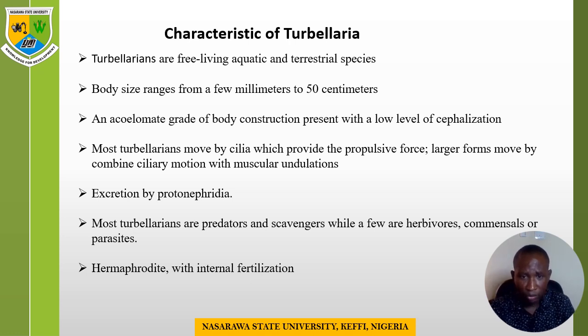Most turbellaria move by cilia. Cilia are parts that aid in movement, especially in planaria. Planaria has cilia at the ventral surface, which aid its movement from one point to another, and also to search for food.